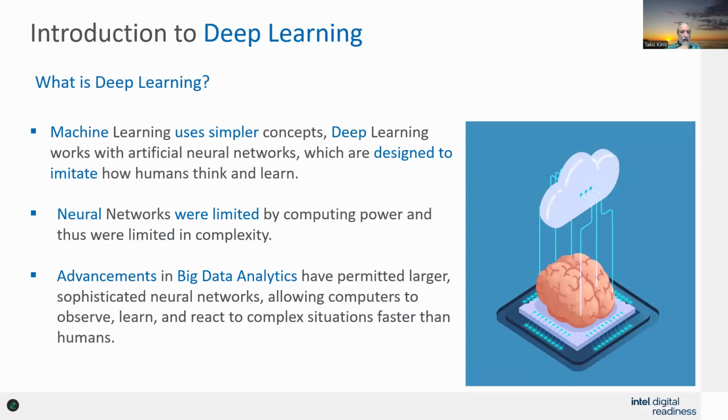Neural networks are limited by computing power, and thus, as a result, are limited in their complexity, right? So, a simple neural network works on much simpler mathematical principles, and we're kind of harnessed a little bit by how much computing ability we can use on it, even with clever tricks like factorization and matrix multiplication and all that.